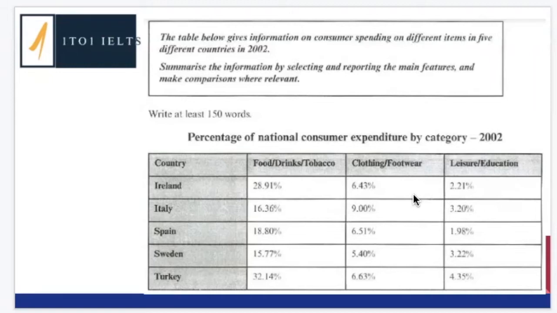So I've heard a lot of IELTS teachers tell their students they should try and use as many tenses as possible. Is this good advice? No, it's terrible advice. I don't know where this has come from. I've heard so many teachers, I've even heard teachers at British Council say this.